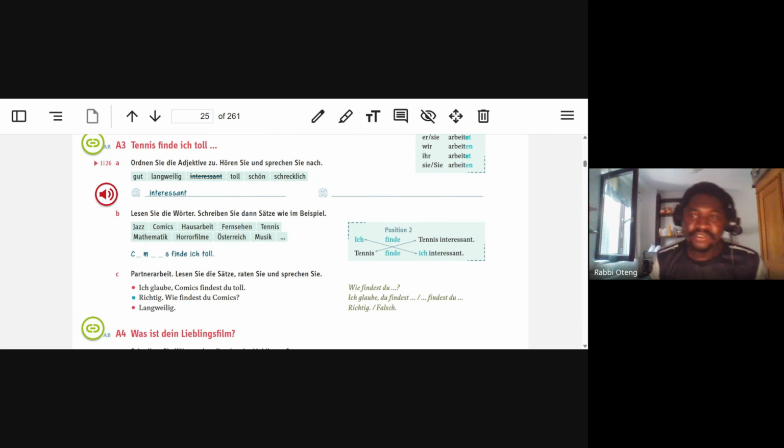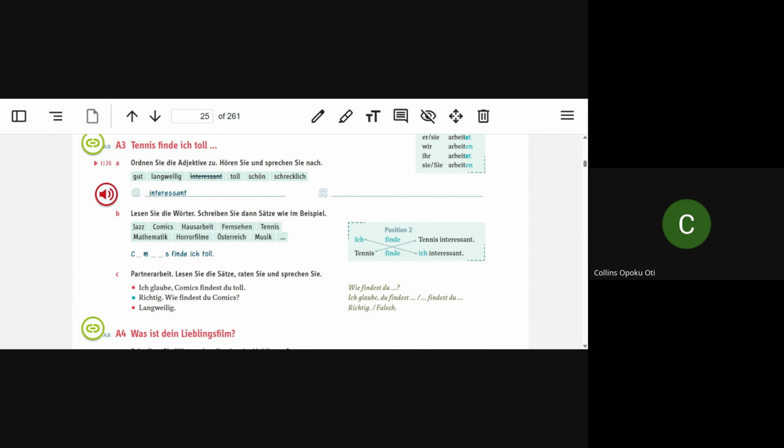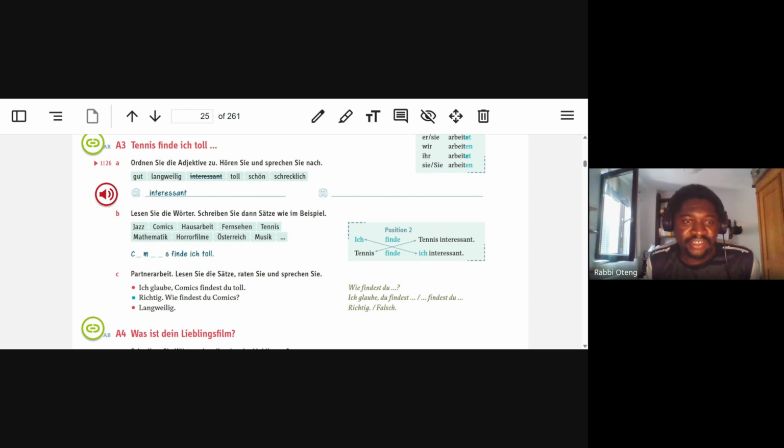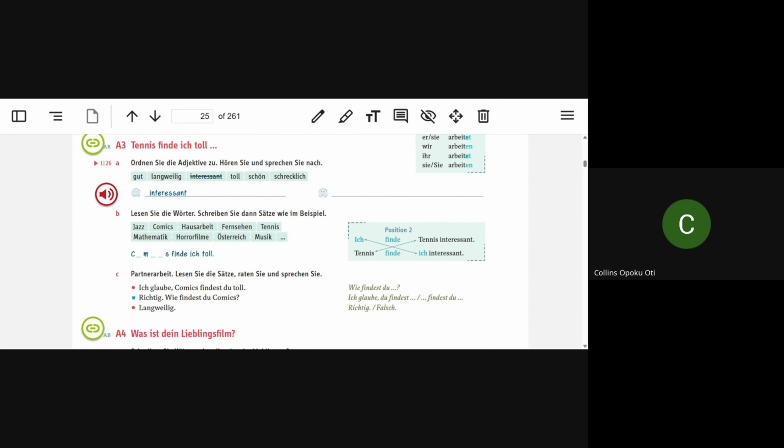That's cool. So combine sentences. Give me three, using the adjectives and the nouns here.